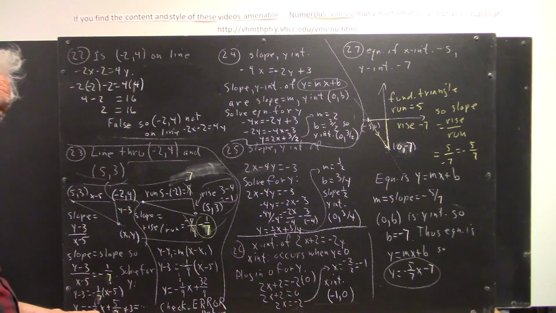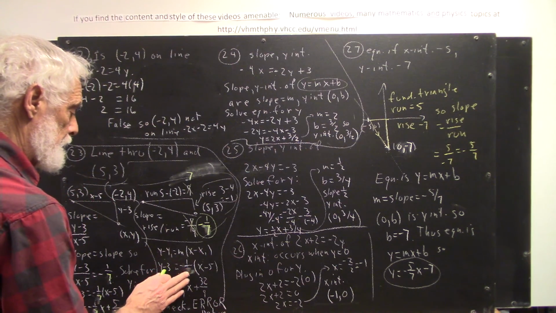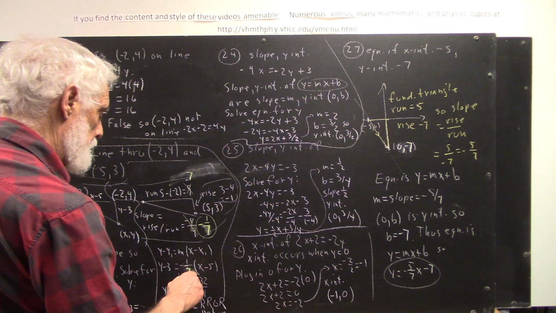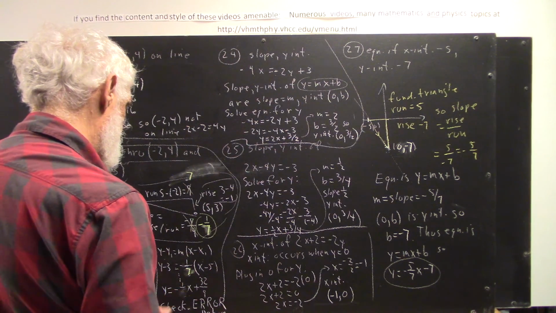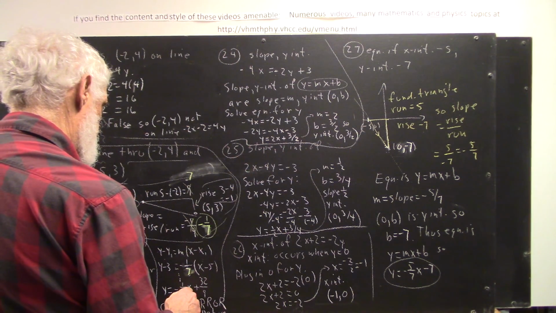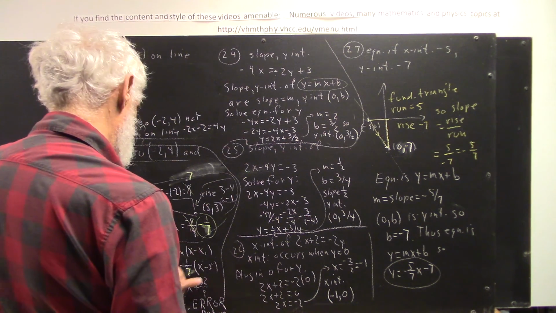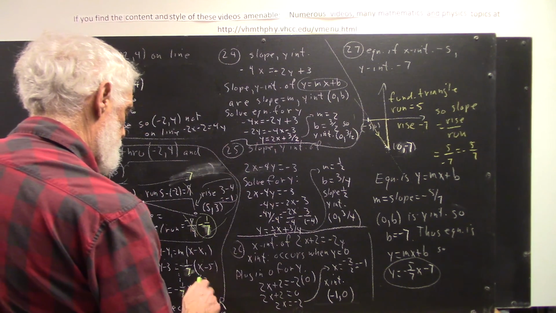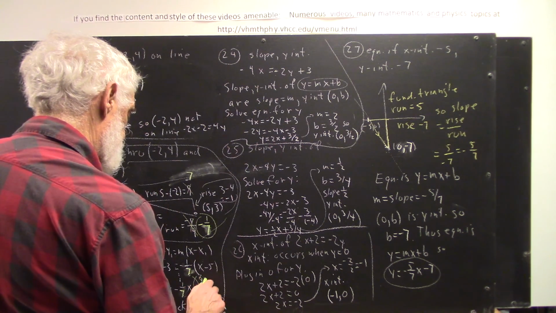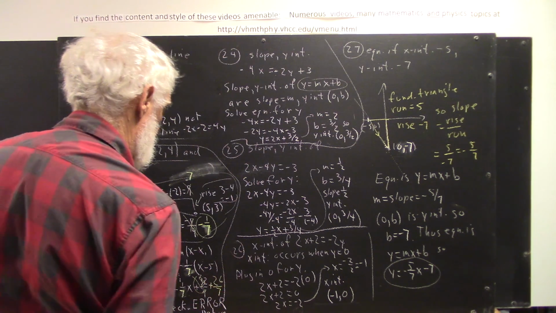So this would come out -1/7 x plus 26/7. And that's exactly what I would get over here if I replace my 9 in the denominator by 7. And this would have come out plus 26/7.